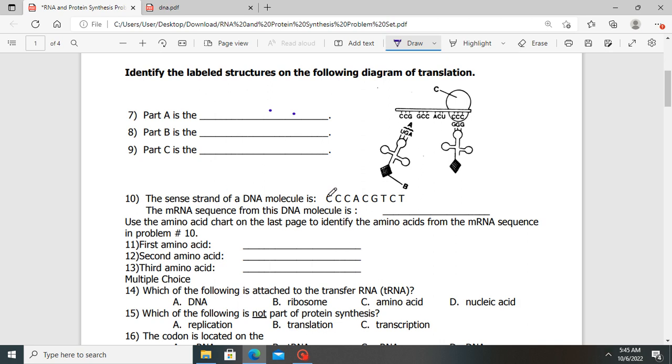So we have C bonding to G, C bonding to G, C bonding to G, but the A will bond to uracil on the RNA.